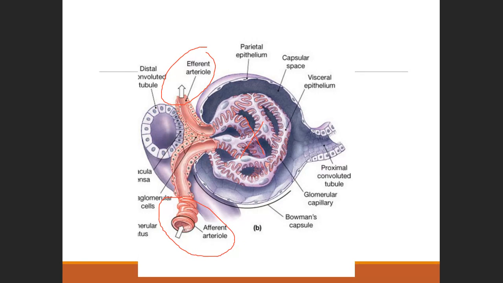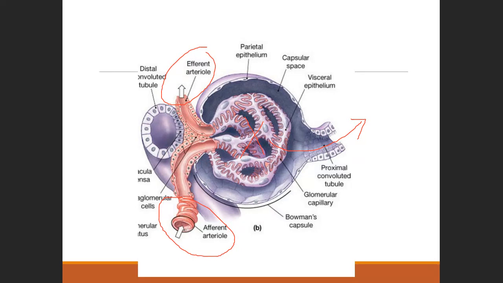And essentially what we will see there is the filtration pressure at the glomerulus be higher than the systemic blood pressure, countering that drop in pressure that was limiting GFR to begin with, forcing a consistent amount of fluid.